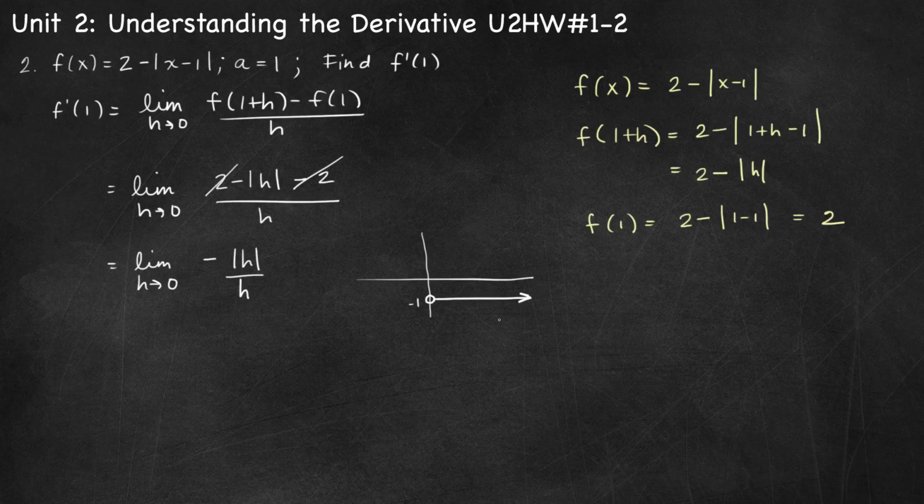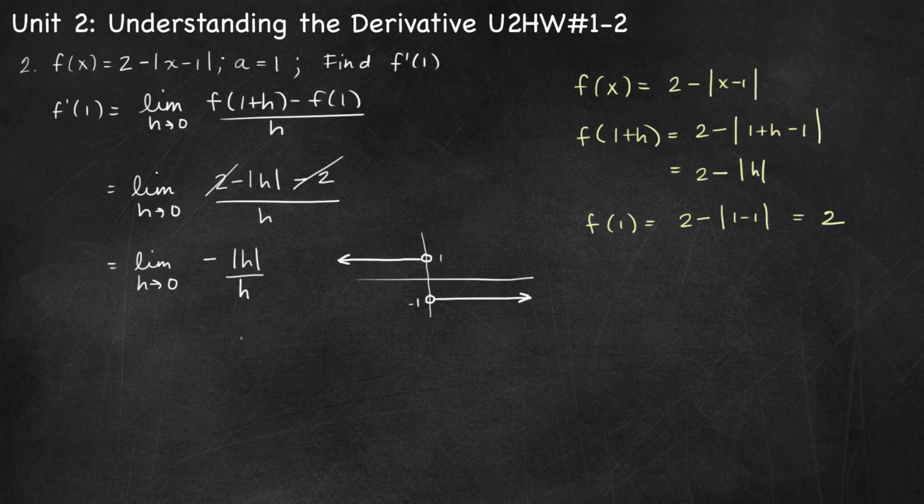If h is negative, then we remove the absolute value by putting a negative in front. So we would have negative negative h over h, which is just going to equal positive 1. So if h is negative, then the function is equal to positive 1.